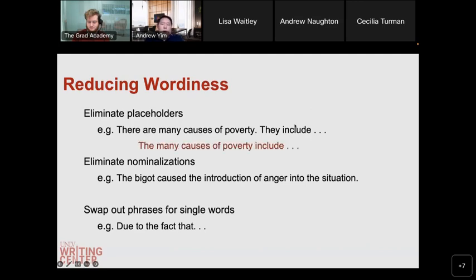So obviously, I saw a few good examples so far. In this case, what I did is I just removed the words there are and they, and I just said the many causes of poverty include... And I kind of streamlined the process, right? But I'm following the three steps.